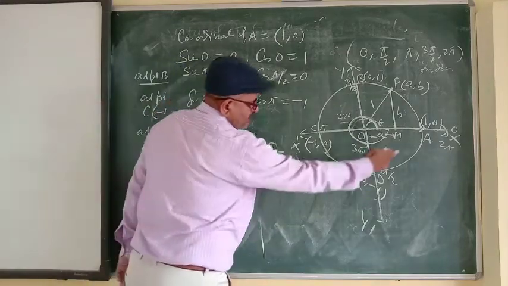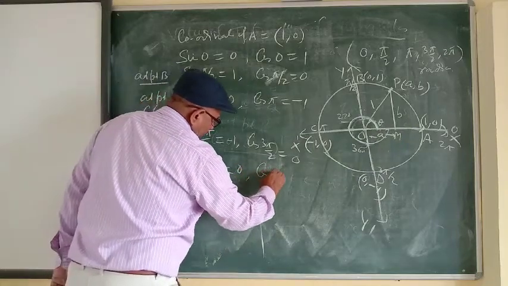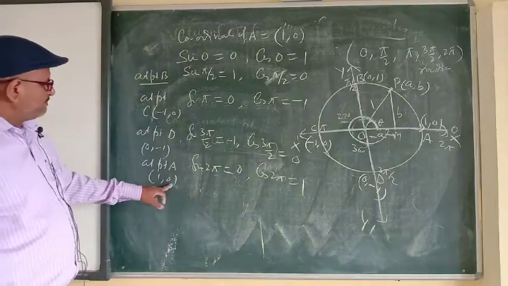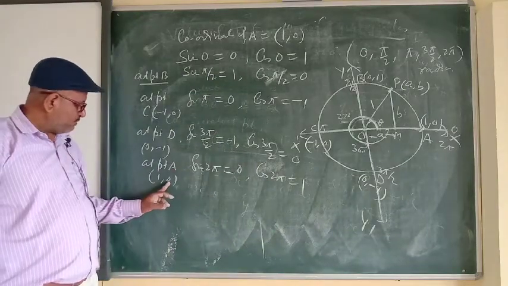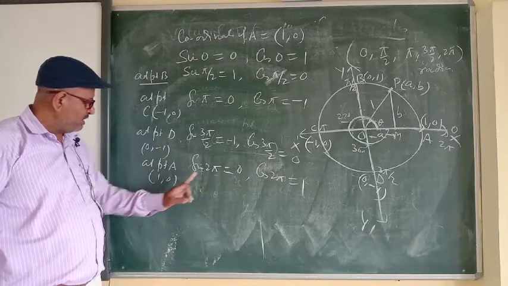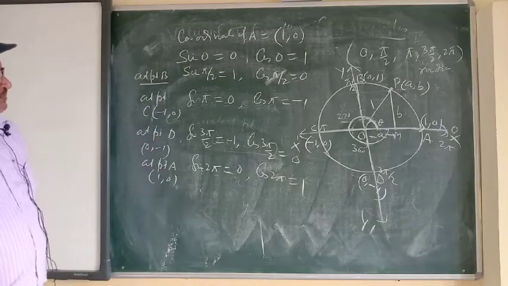The second component is 0. And cos 2 pi is 1. First component for cos, second component for sin. So sin 2 pi is 0 and cos 2 pi is 1.